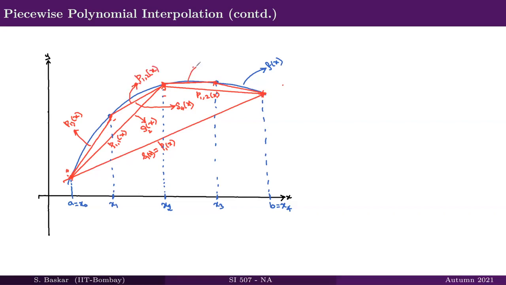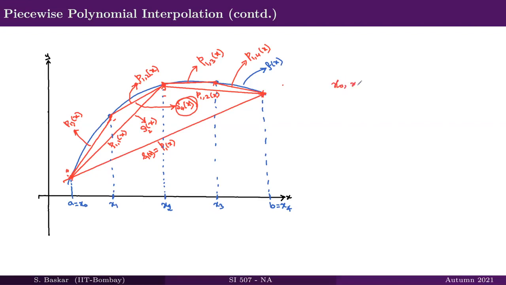And then this is the linear polynomial interpolation P1^3(x) in the interval x2 to x3. And finally, this is P1^4(x) in the interval x3 to x4. All these 4 patched together gives us S4(x), right?